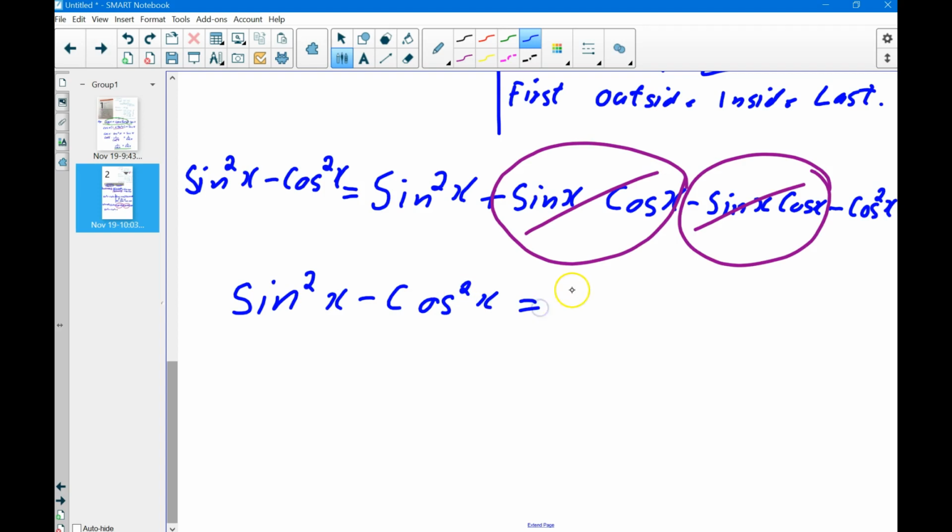On the right hand side I'm left with sine squared x minus cosine squared x. So now you can see that they're both the same. I'm done. It's true that the identity works, they're both equal, and that's all you've got to do. Just make both sides look the same.